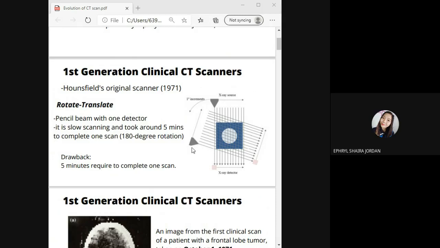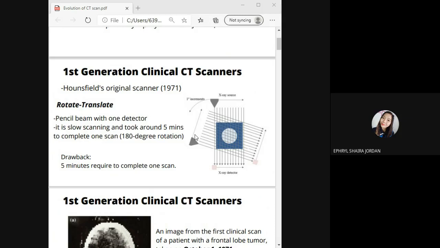So after giving off X-ray, it will move 1 degree, and translate simultaneously, then X-ray again, and then rotate. So it will complete a 180-degree rotation.